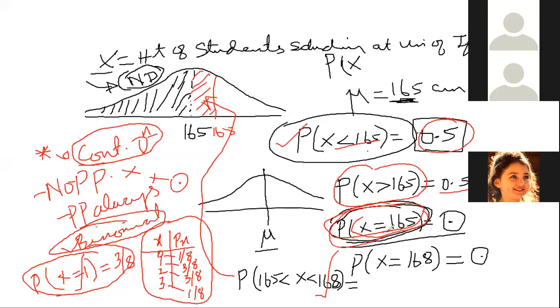Finding the probability of x equal to 165 is also easy; according to our definition, it is 0. Now, finding the probability of x in the range 165 to 168, this is the area that we are talking about.